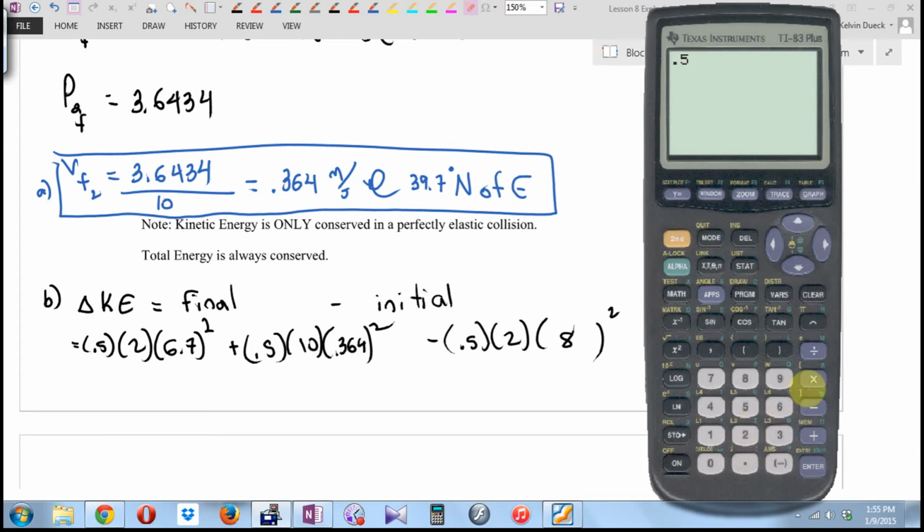A half m v final squared plus a half m, I can even go a bit more specific because I have that up there, squared, minus a half m 8 squared. And looks like I lost negative 18.4 joules of kinetic energy.